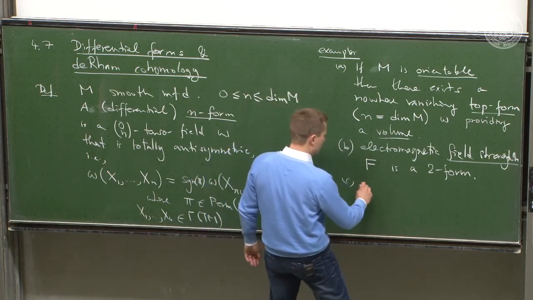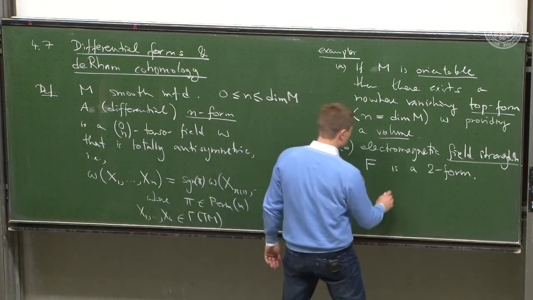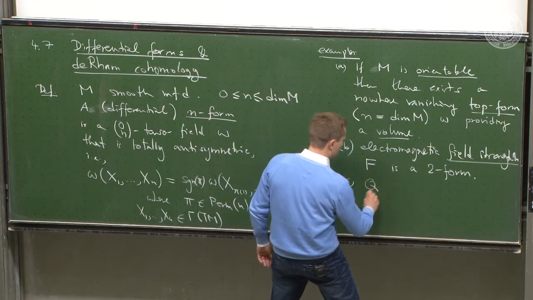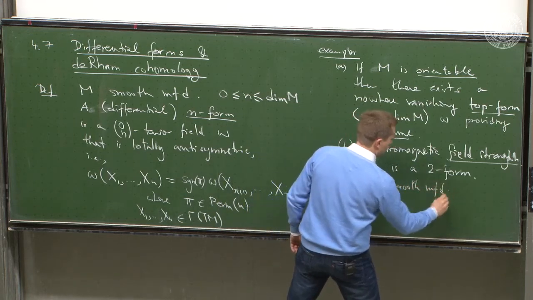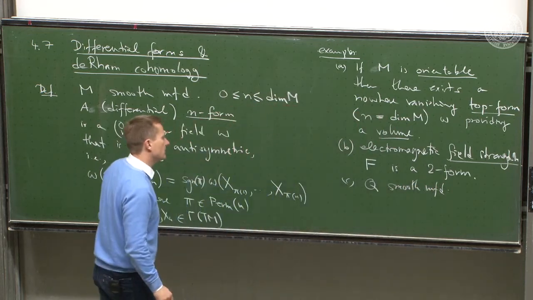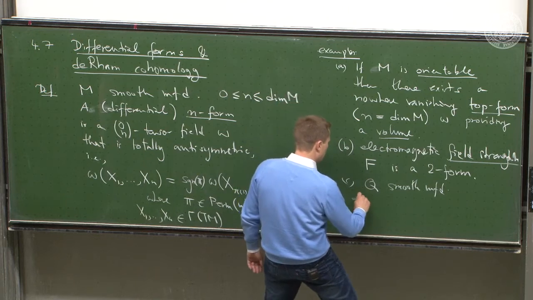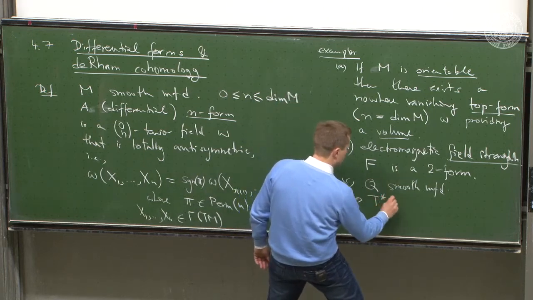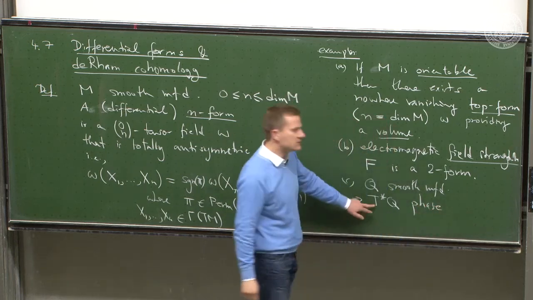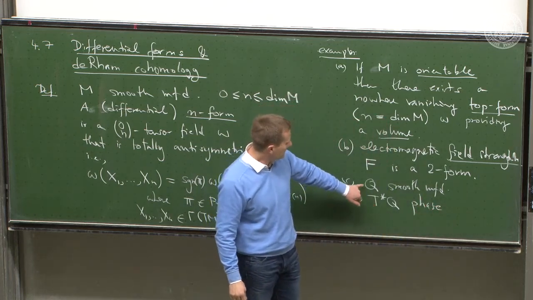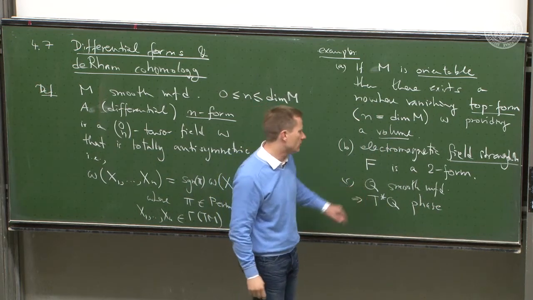in classical mechanics, on classical mechanical phase space, let's be more concrete. So if Q is a smooth manifold that in classical mechanics describes the configurations of your system, then the phase space is T*Q. It's the cotangent bundle where to every point, roughly speaking, you attach all the momenta, all the covectors.